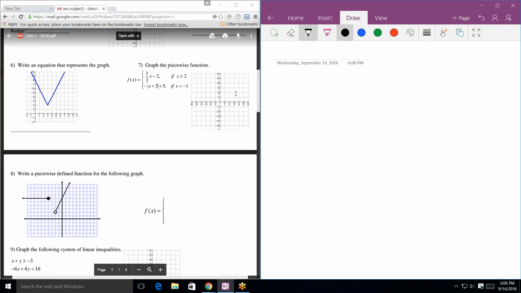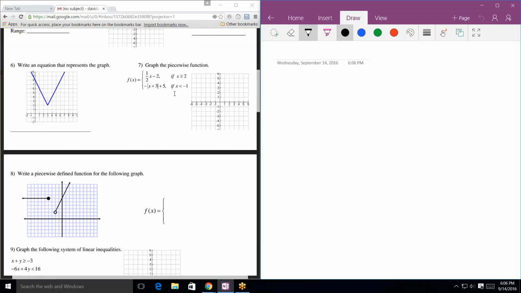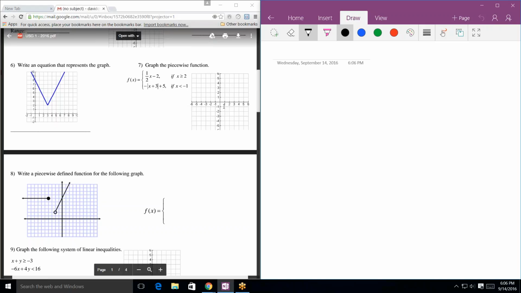The most important place to start is with the domain. Okay? Now, personally, I really kind of like to go left to right when I'm talking domain. Doesn't everybody? And yet, for some reason, they decided to go right to left on this. In other words, I normally tell everybody to start in the upper right-hand corner when you're looking at a piecewise function.